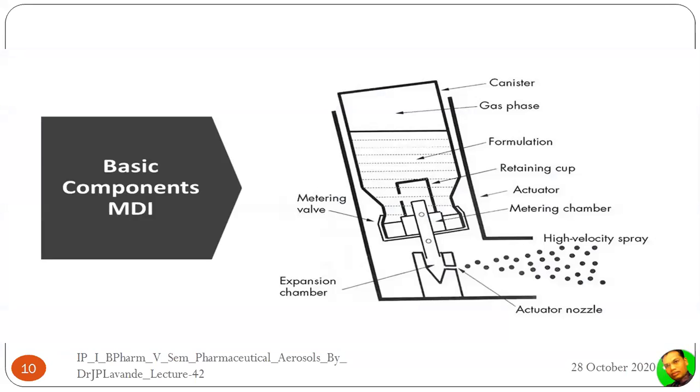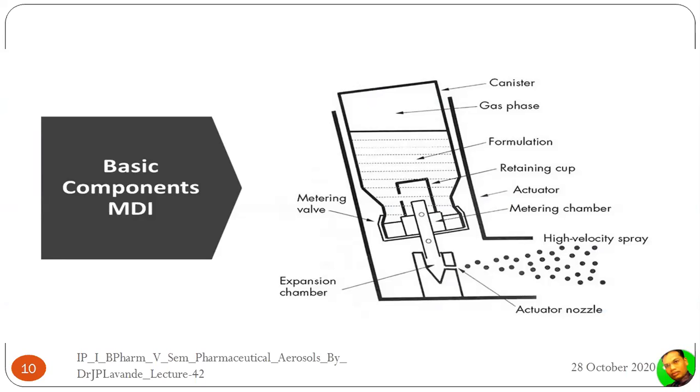Now, let us see the basic components of the MDI, that is the metered dose inhaler. This is just an overview of a metered dose inhaler. You can see there are different components: an inverted canister, a metering valve, an expansion chamber, and an actuator nozzle.